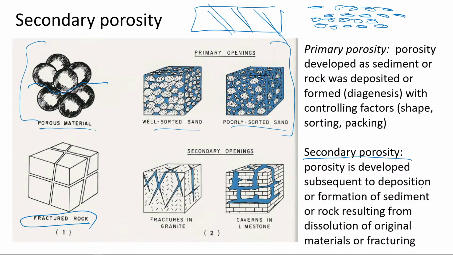Porosity develops subsequent to deposition. So you have some igneous rock, and after it is deposited, it breaks, for example. Subsequent to deposition or formation of sediment or rock, this results in the dissolution of the original materials or fracking. This is a piece of granite, and you see this is secondary porosity.